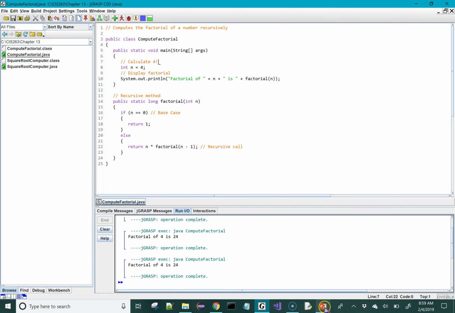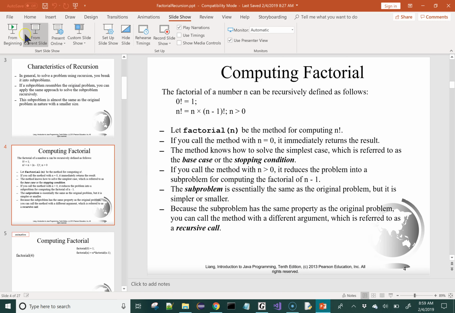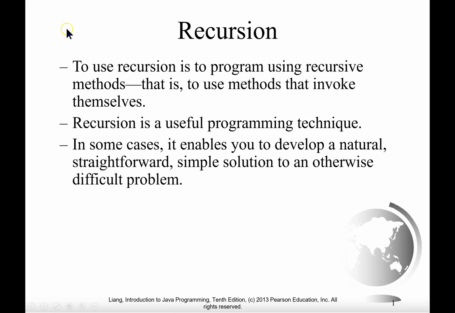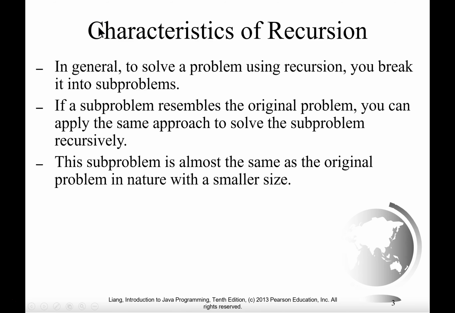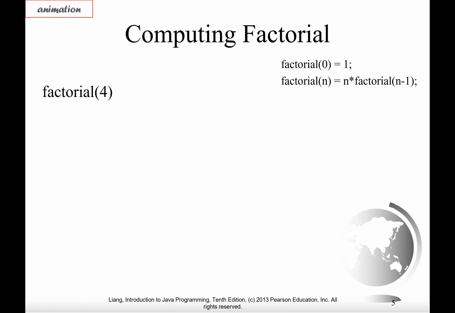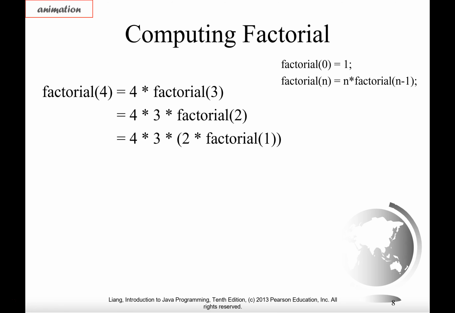So next I'm going to go back into the presentation, and we're going to walk through it step by step. When we're computing the factorial, factorial 4 equals 4 times the factorial of 3. So that'll be 4 times 3 times the factorial of 2. That'll be 4 times 3 times 2 times the factorial of 1.